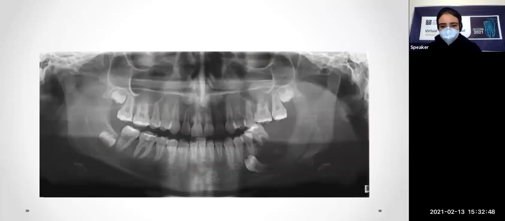As is evident, there is an impacted tooth within the roots of the first and second premolars. I think no further information can be obtained from this panoramic.